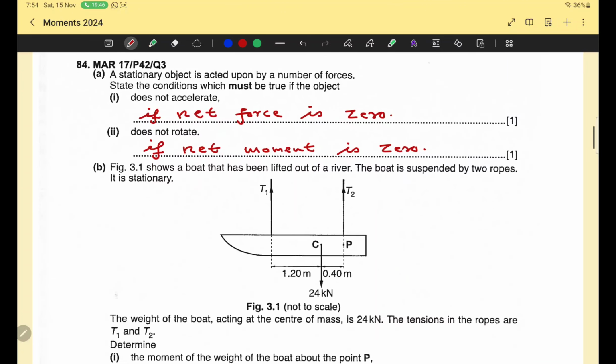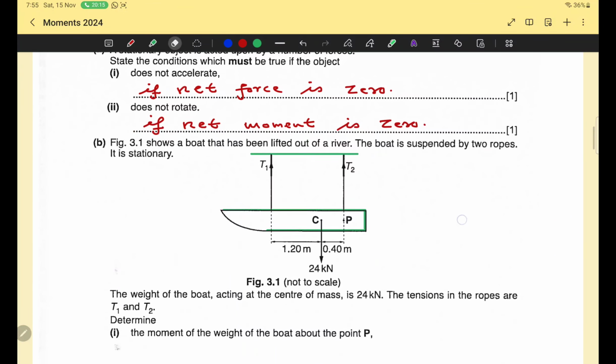So this question is completed and now we are solving the B part of the question. In this B part, sir, this is a boat, and this boat cannot be uniform because this side is not uniform compared to the right-hand side. This boat is suspended by two ropes, and obviously there will be a roof on which the boat is suspended.